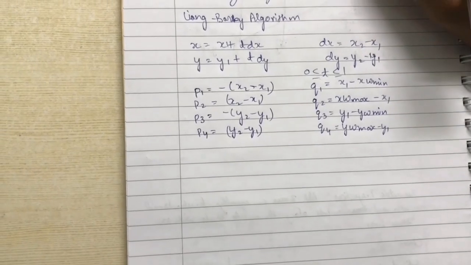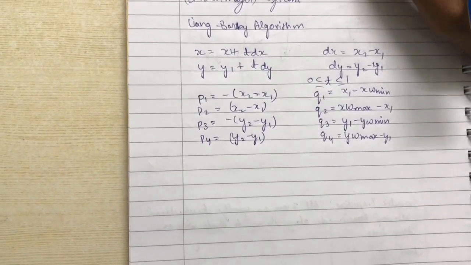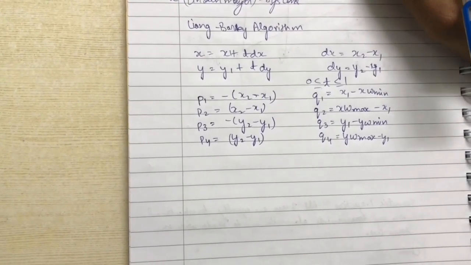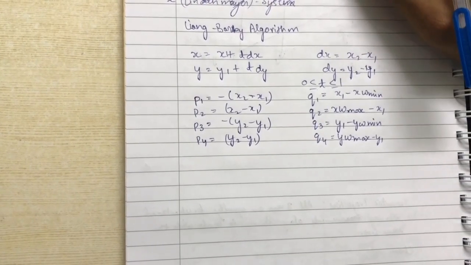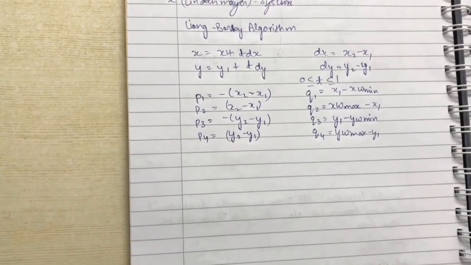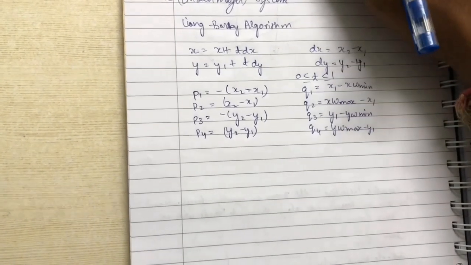Okay, so now we calculate the value q1 by p1, q2 by p2, q3 by p3 and q4 by p4.